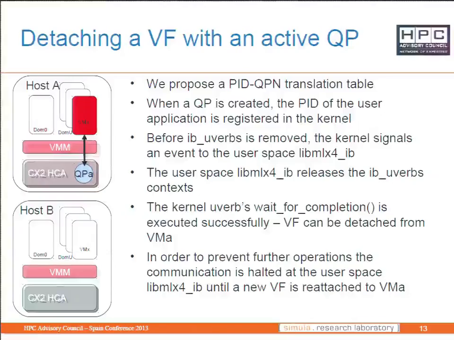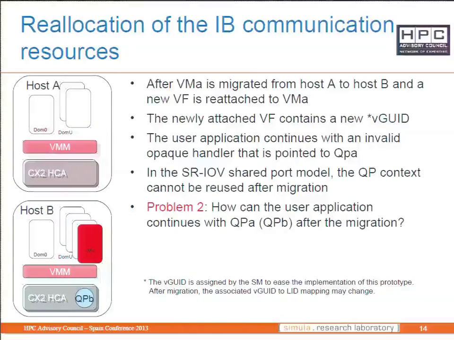Now we have detached the virtual function and moved it over to host B. We have migrated, and now we need to reallocate the InfiniBand communication resources. The newly attached virtual function contains a new virtual GUID.